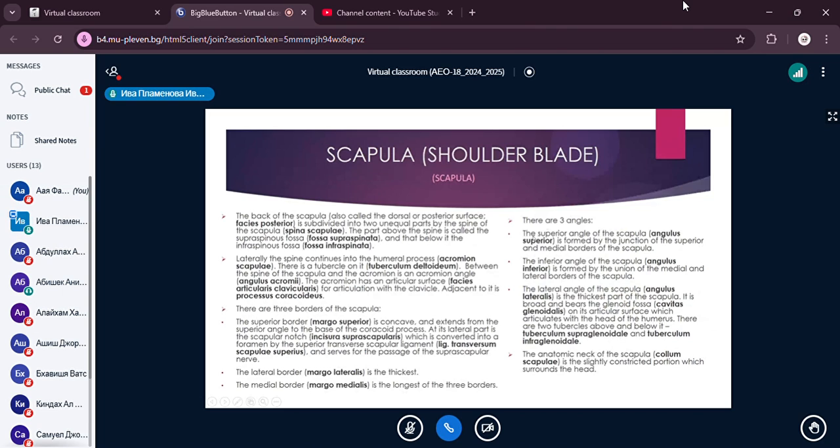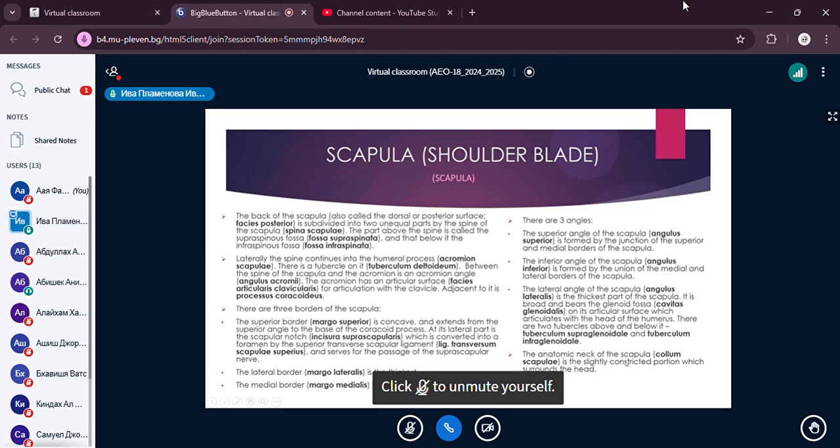We have three angles: superior, inferior, and lateral. And I told you about the lateral border and the lateral angle. It bears the glenoid fossa, cavitas glenoidalis, which is actually the articular surface for the head of the humerus.